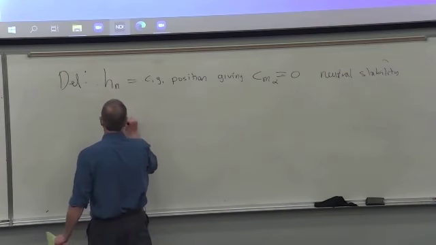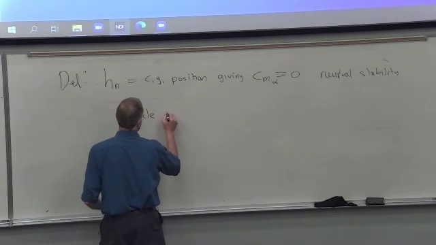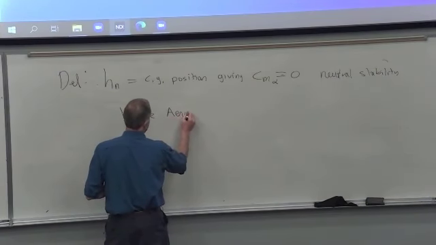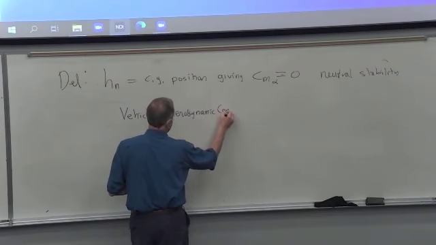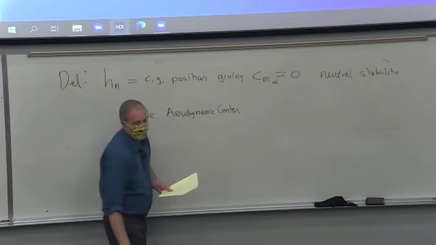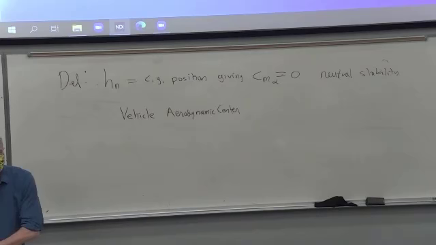And it turns out that this is also called the vehicle aerodynamic center. Why? What's the aerodynamic center of an airfoil? It's the point at which the pitching moment of the airfoil, that pure couple, doesn't change with angle of attack, right?